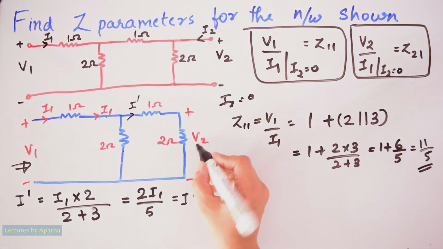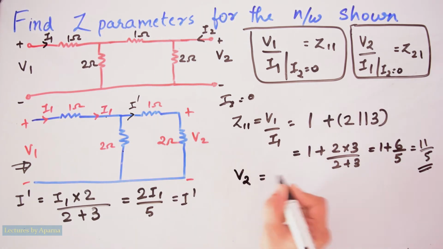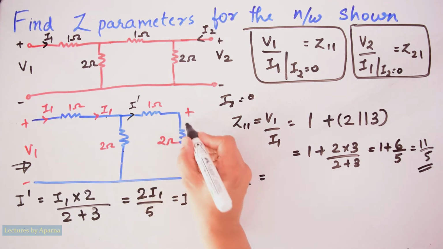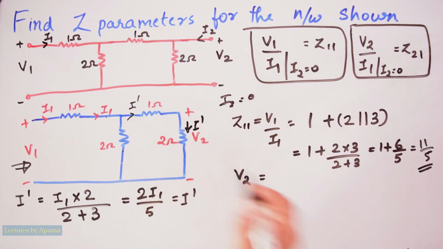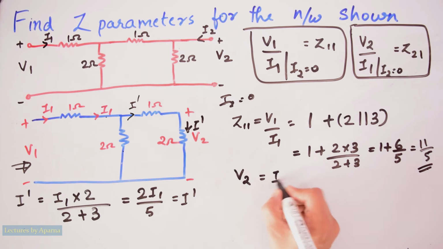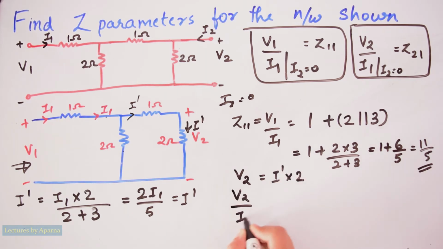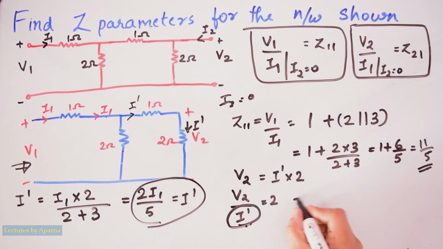Now V2 is equal to this I dash. I dash is the current passing through this 2 ohm. So V2 is equal to I dash into 2 ohm. So V2 by I dash is 2 ohm. If you substitute for value of I dash, we will get V2 divided by 2 I1 by 5.